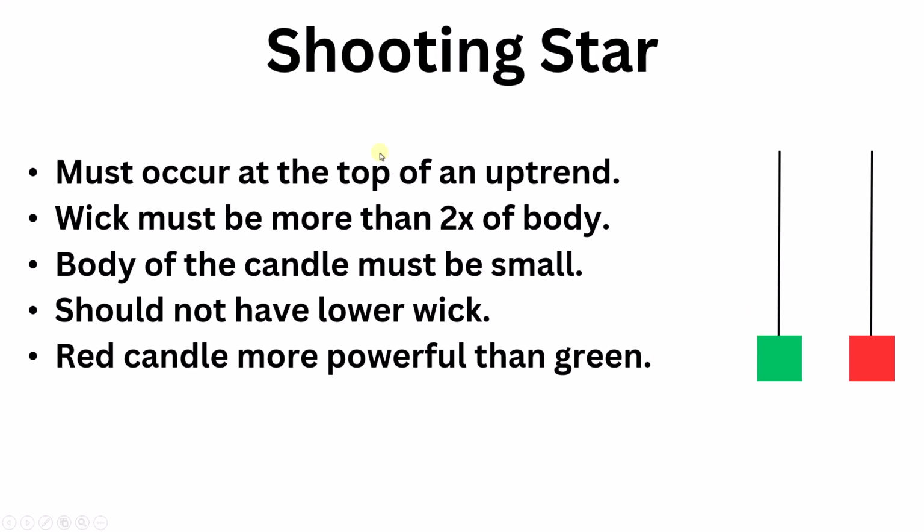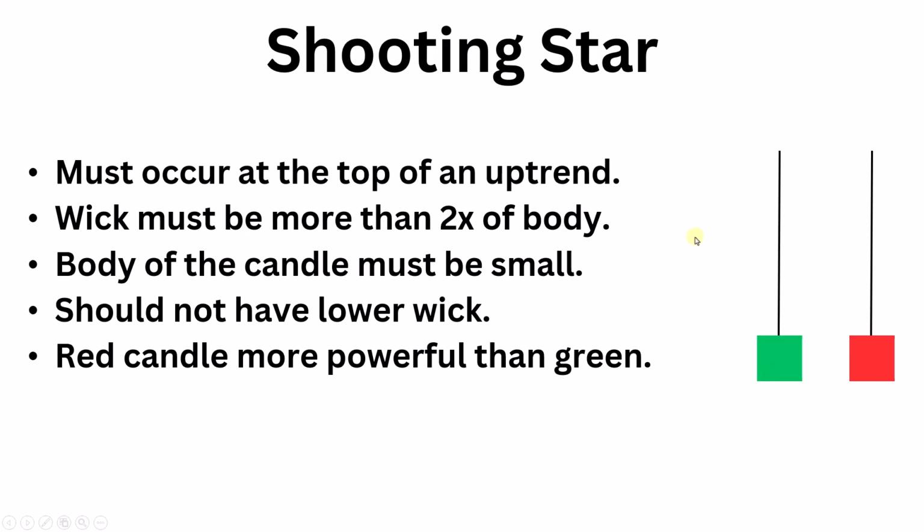Okay? Now, the candlestick must appear at the top of an uptrend, meaning we need to have a minimum of 4 to 5 candlesticks which have moved up, and at the top of that we need to find a candle like this, or a candle like this.